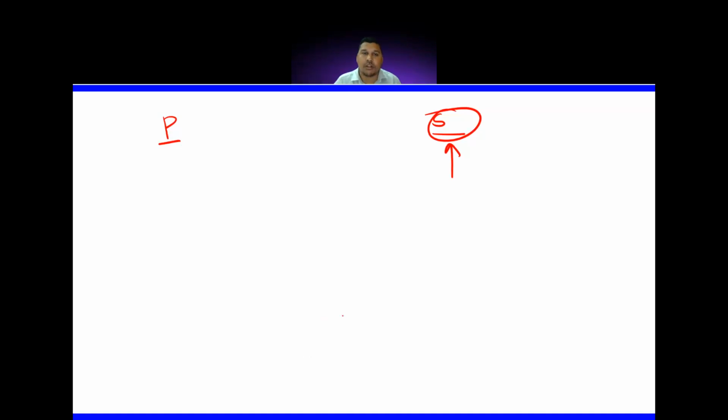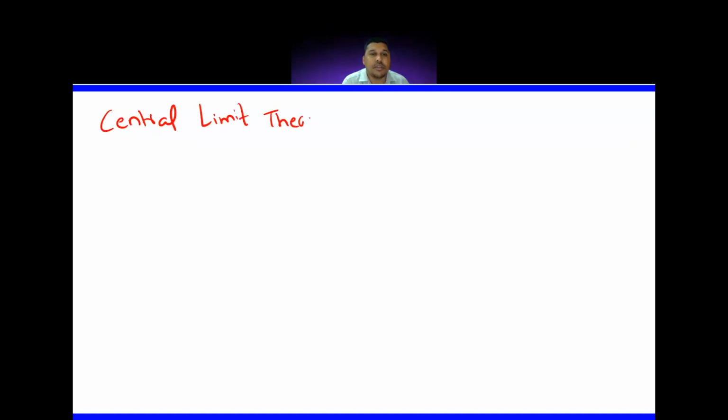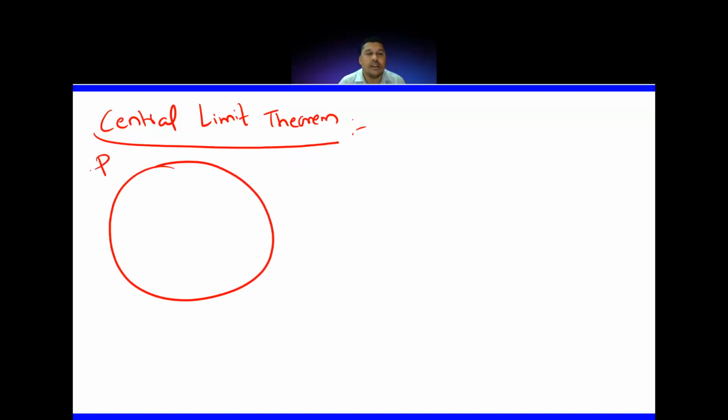Okay, so we will also see the next one, that is the central limit theorem. This is a very popular theorem in data science. You will easily understand this, because it is the same thing we have already studied. The central limit theorem says that when you have a population P of size capital N, which means the number of elements, you can take the number of students of NIT, anything.